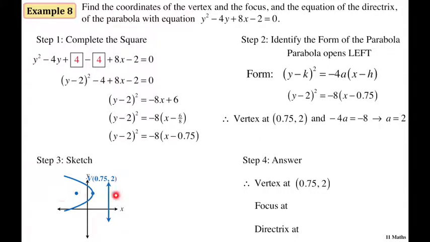Well, we're going left and right, which is the x direction horizontally. So I look at the x number, 0.75, and I'm moving 2 units to the left. That'll take me to minus 1.25. For the directrix, the x value 0.75, move 2 units to the right, it'll become 2.75, so it's x equals 2.75 for the directrix.